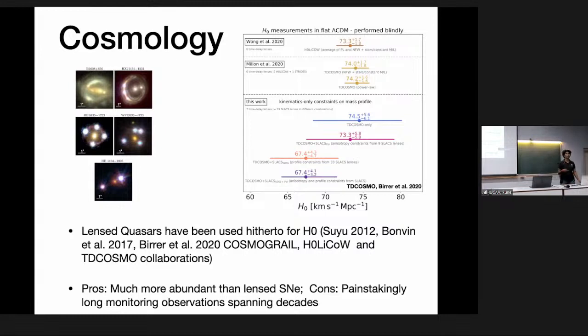One has to follow up these systems for decades before we can actually measure these features in the light curves and get sufficiently accurate and precise time delays to constrain H naught. So while they are many more in number and easy to follow up, the observations themselves are extremely painstaking, and so in that sense, it is not as interesting.